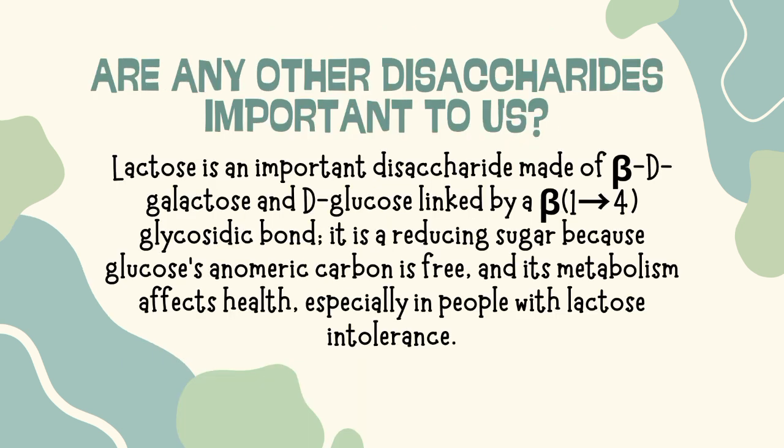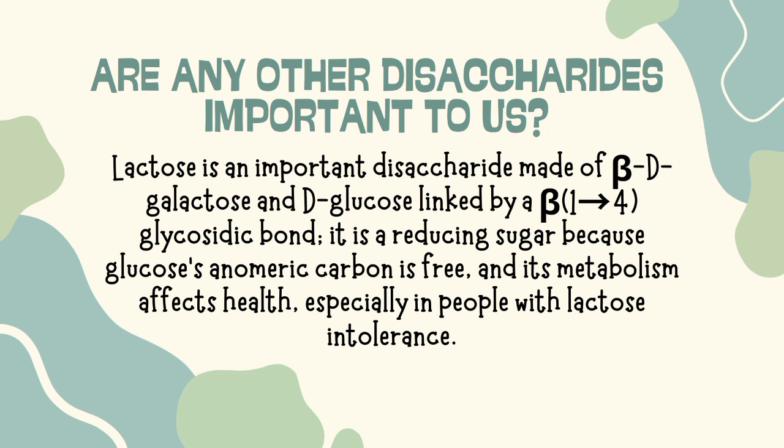Are any other disaccharides important to us? Lactose is an important disaccharide made of beta-D-galactose and D-glucose linked by a beta 1 to 4 glycosidic bond. It is a reducing sugar because glucose's anomeric carbon is free, and its metabolism affects health, especially in people with lactose intolerance.